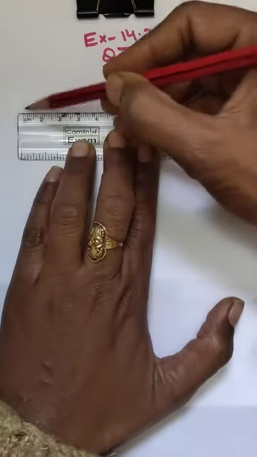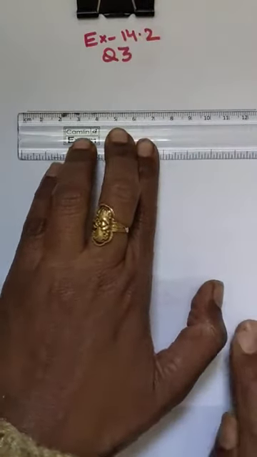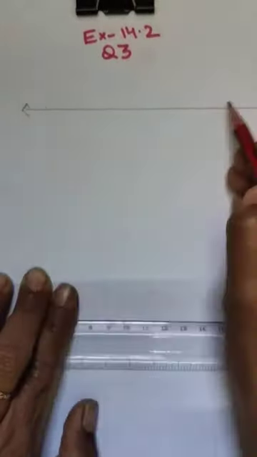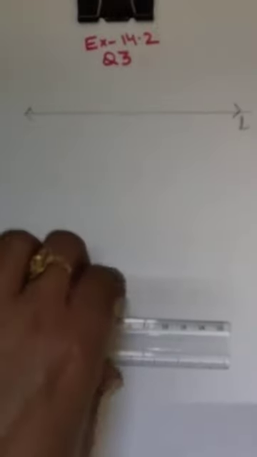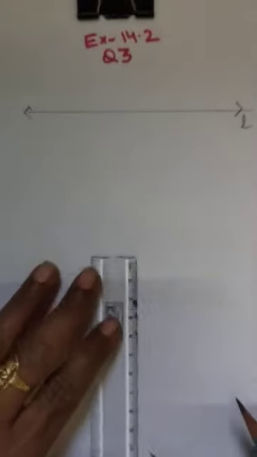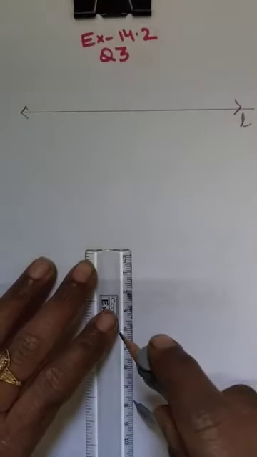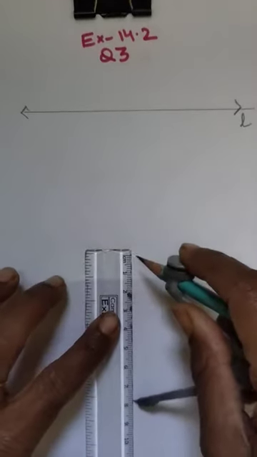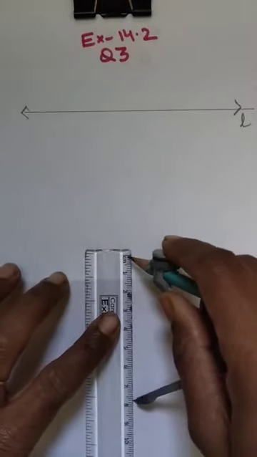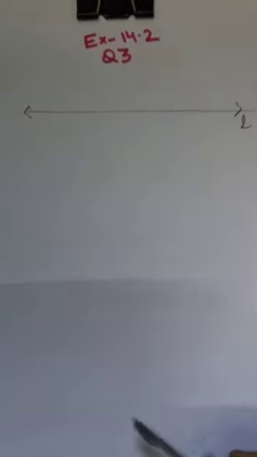First of all you need to draw one line, that is L. Open your compass to a radius of 7.8 centimeter. Okay.